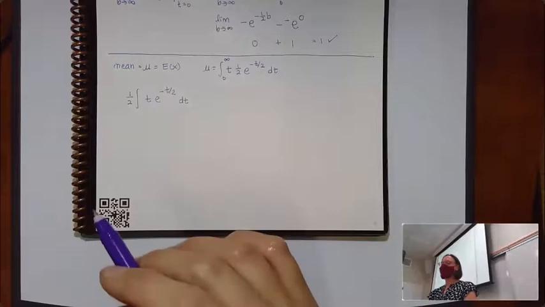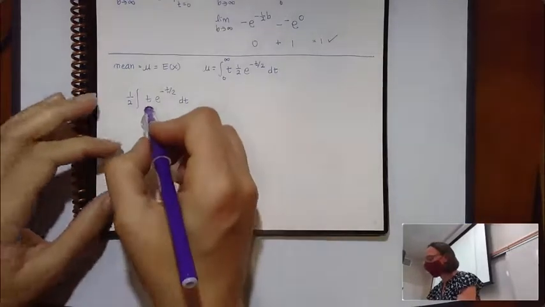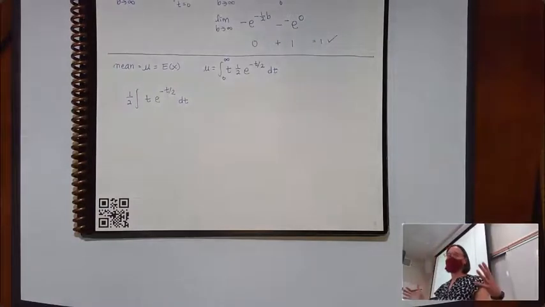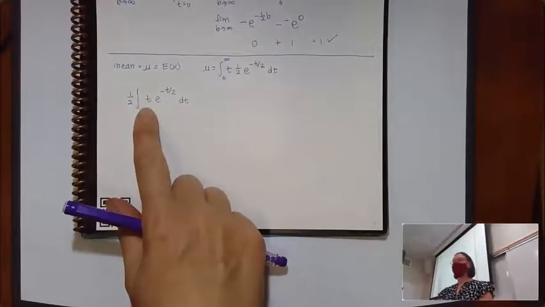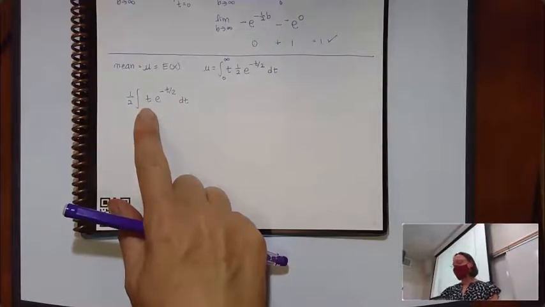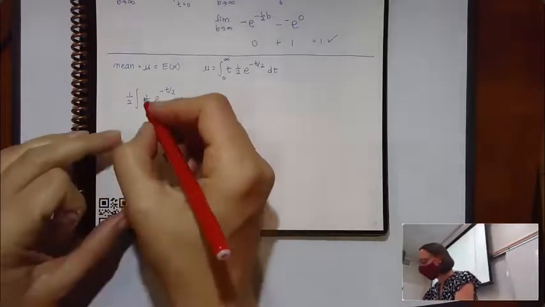And this does require integration by parts. Whether you put the 1/2 inside or you pull it out, doesn't matter. I happen to pull it out. But this thing definitely requires integration by parts, because if I try for that u substitution, I have this t left over. Because I've got that t left over, I'm going to switch gears, think integration by parts.